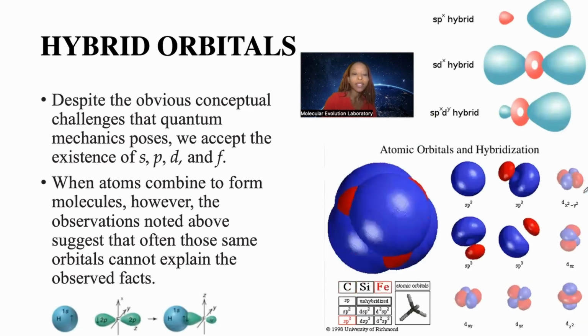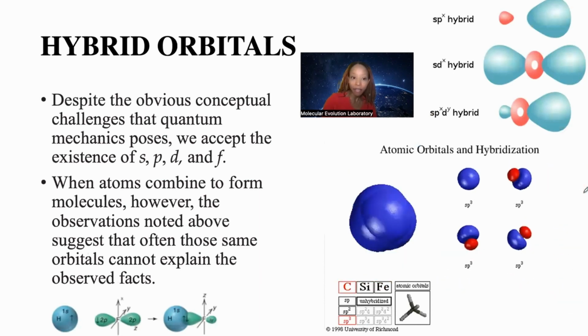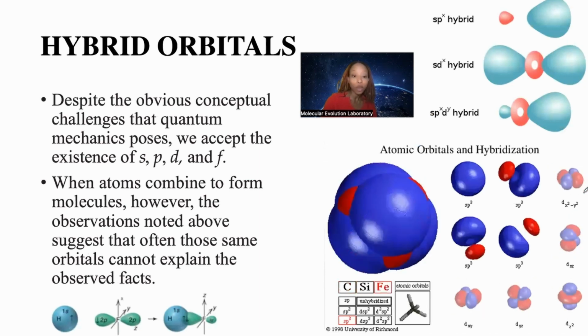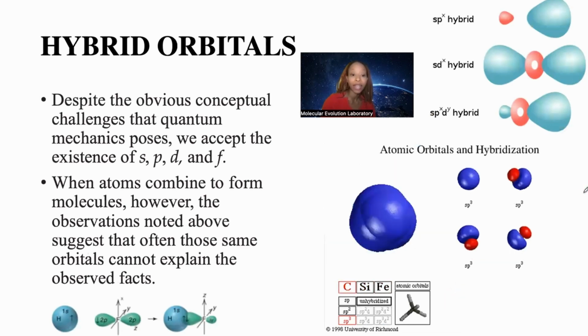Despite the obvious conceptual challenges that quantum mechanics poses, we accept the existence of s, p, d and f orbitals. When atoms combine to form molecules, however, the observation above suggests that often those same orbitals cannot explain the facts.